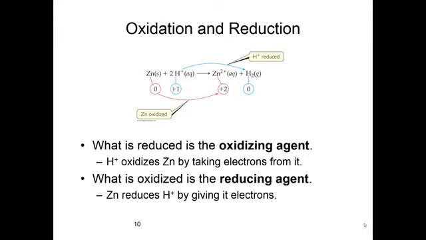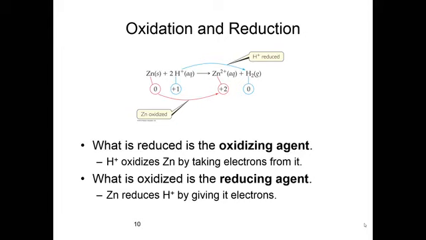In contrast, zinc reduces H plus. Zinc gives up an electron. H plus picks it up. Since H plus gained an electron, it is reduced. Zinc is oxidized, and it is the reducing agent.